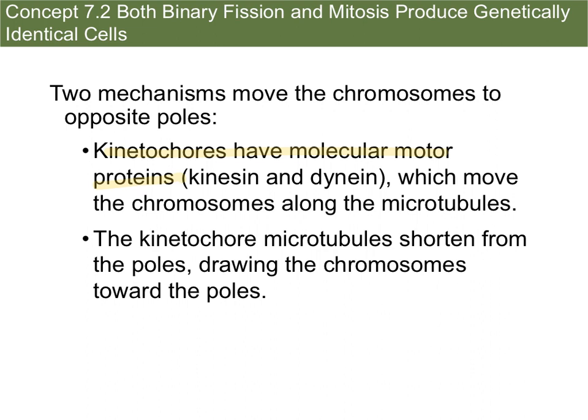The second mechanism is that the kinetochore microtubules, which are the microtubules that connect the centromere of the chromosome to the centrosome, which is the pole that the spindle fibers are coming from, are able to shorten from the poles. That draws the chromosomes towards those poles, towards that centrosome.